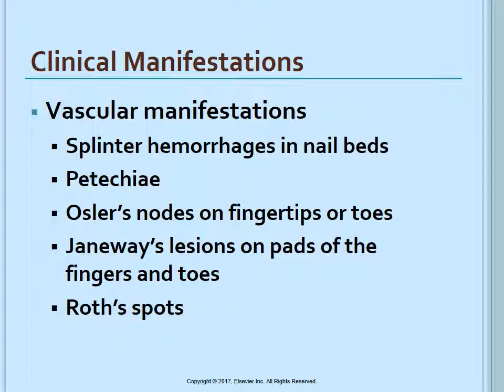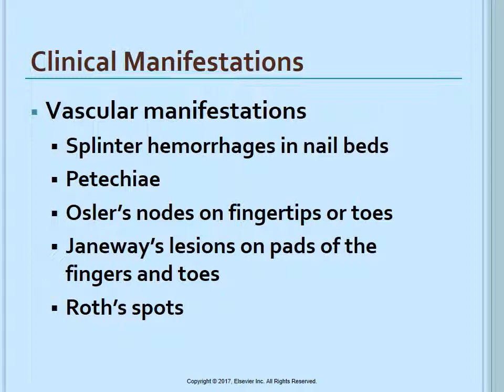Petechiae may occur as a result of fragmentation and microembolization of vegetative lesions. They can occur on the conjunctivae, lips, buccal mucosa, and palate, also over the ankles, feet, antecubital, and popliteal areas.